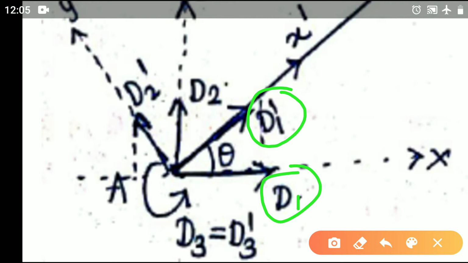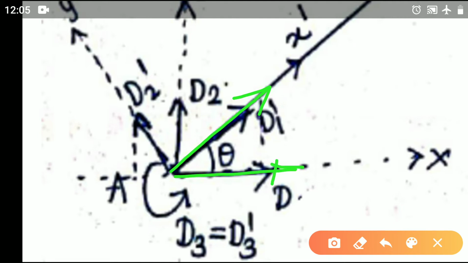So here what you have to consider is this triangle. This is d1 dash, this is d1, and this is d2. This d2 arrow we will just shift from this position to this position here.